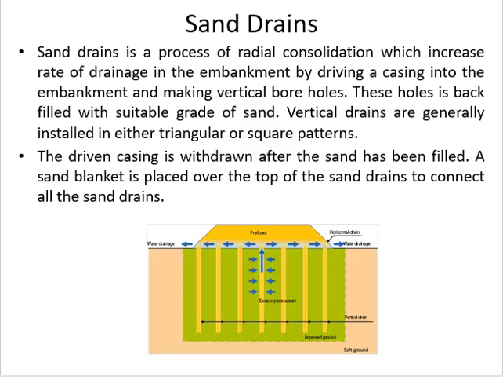These drains are installed in a triangular or square pattern. Here the drainage path is reduced and the pore water is collected in the sand drains. A sand blanket is placed above the ground so that the water collected in the sand drains will drain through this layer and it will be extracted.